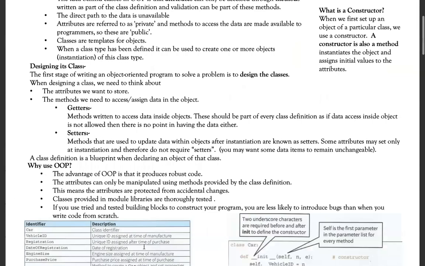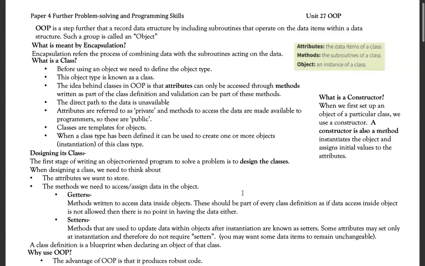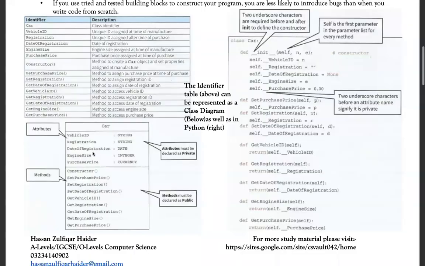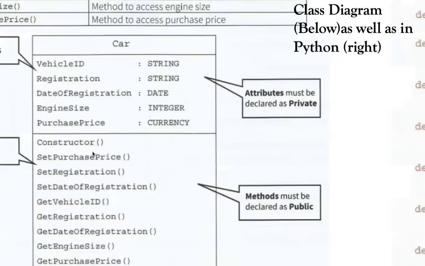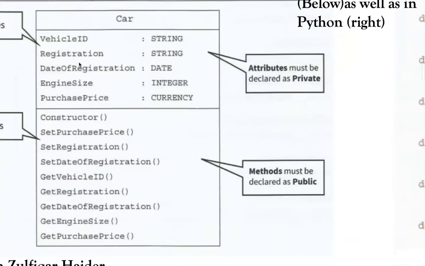As you can see here, in object-oriented programming there's a concept of encapsulation. Say, for example, I have an object by the name of car. A car is a class type.